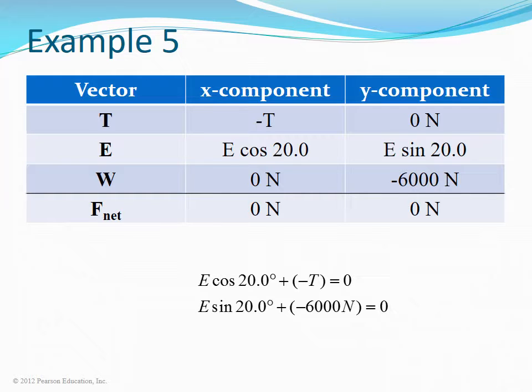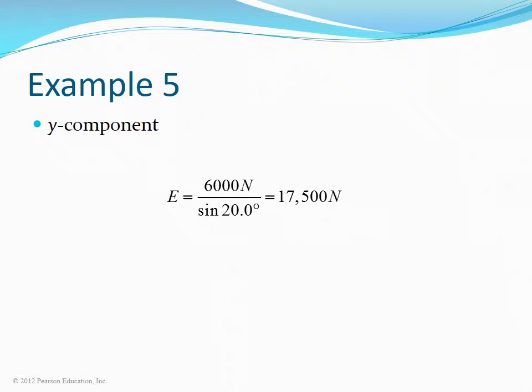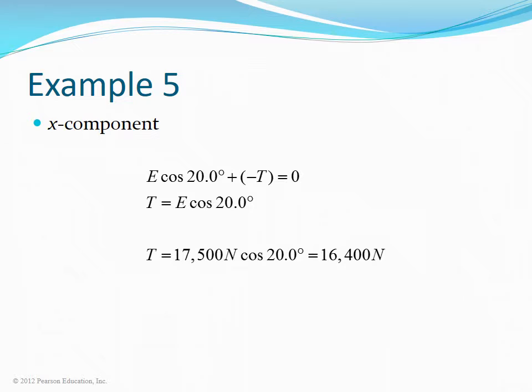Summing all the y components yields the second equation. Looking at the y component yields the normal force, E, as 17,500 newtons. Since we now know the equilibrium force, E, we can use the x component equation to find the tension in the cable as 16,400 newtons.